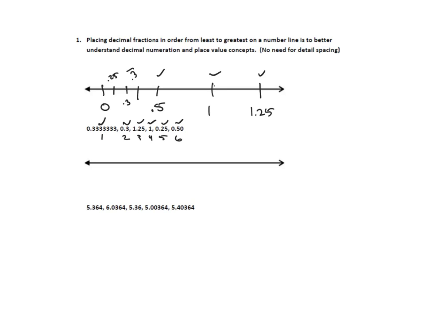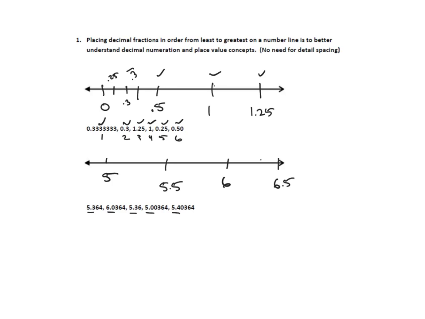The second one, notice you've got 5 and 3/10, 6 and 0/10, 5 and 3/10, 5 and 0/10, 5 and 4/10. So we know we're going to be somewhere between 5 and we'll say 6 with a little bit of extra here. So here's 5.5, and we'll say here's 6.5.